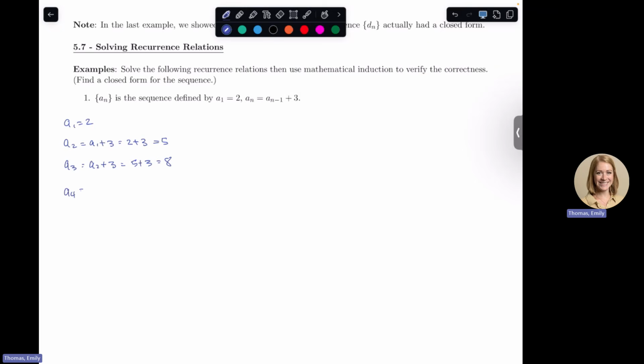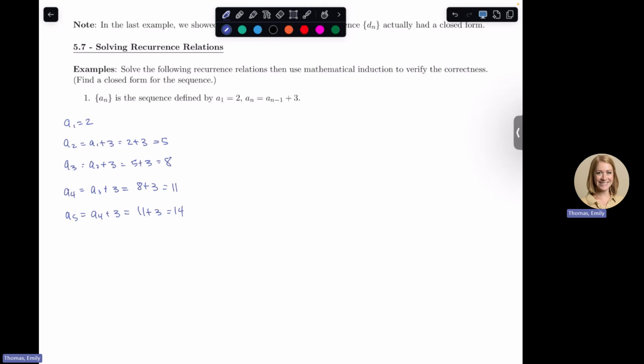A sub 4 is a sub 3 plus 3. So you're looking at 8 plus 3, which is 11. A sub 5 is a sub 4 plus 3. So you're looking at 11 plus 3. So that is 14. We would like to come up with a closed form.